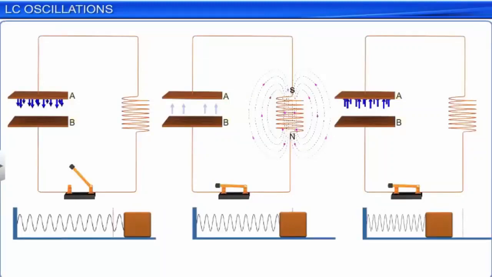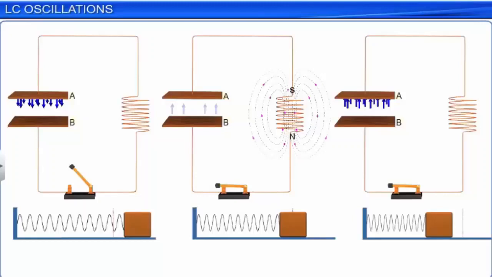These LC oscillations sustain infinitely if all the elements in the circuit are ideal in nature. That is, the inductor has zero resistance and the capacitor is characterized by a single constant value called capacitance. However, in a practical situation, this is not true.